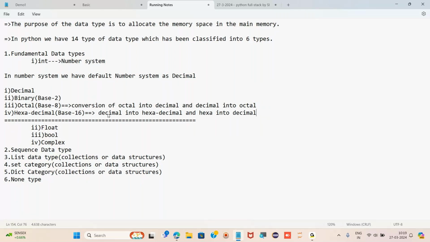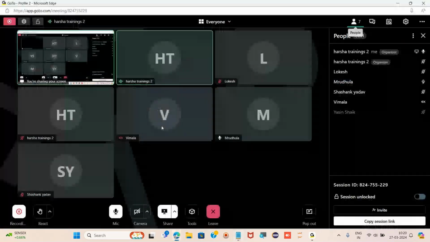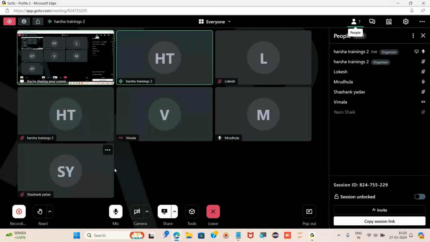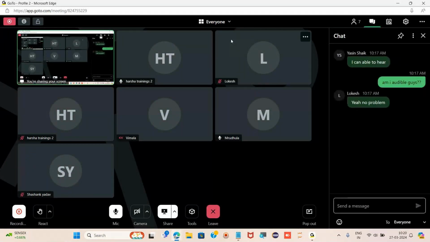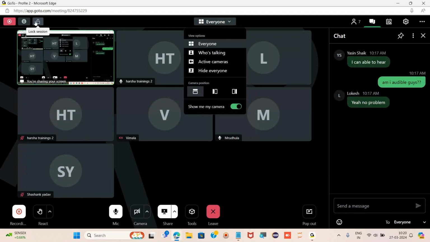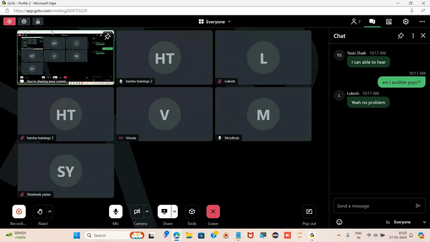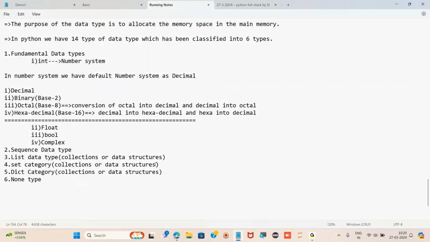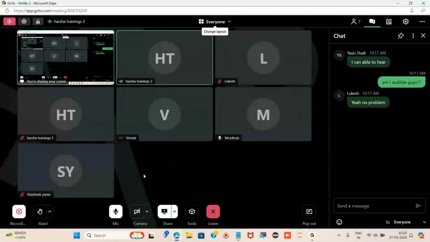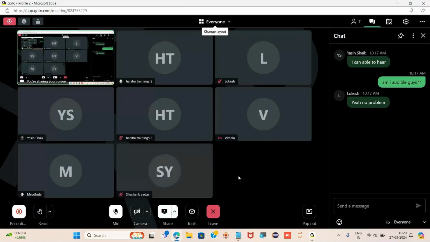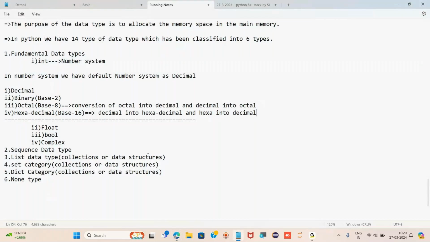So these few things we are going to see. Now, how we can convert decimal into octal and octal into decimal.